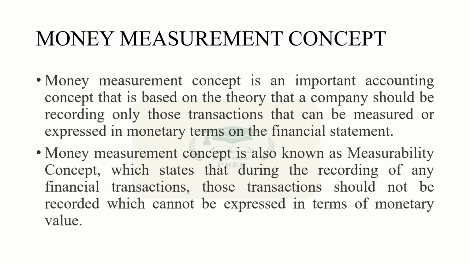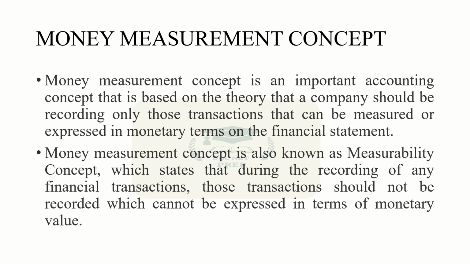The second concept deals with the money measurement concept, which states that the company should record only those transactions that are in monetary terms. That is, only transactions that happen in and out of the business with the help of money are recorded in accounting.